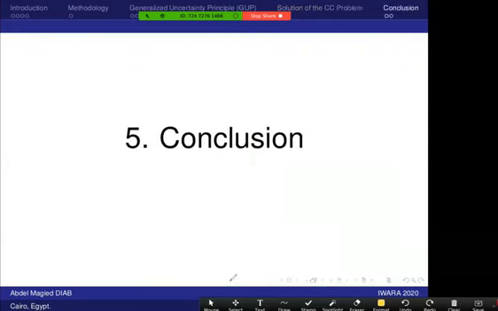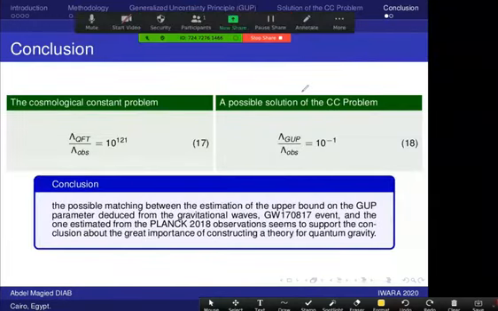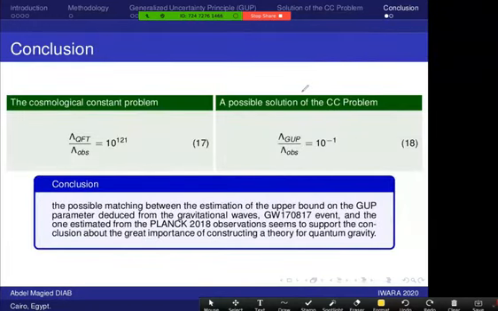The main conclusion of our work concerns the cosmological constant problem, where the theoretical value of the cosmological constant is 121 times the observed quantity from the Planck 2018 observation. But in our presentation about the possible solution of the cosmological constant problem, the estimated value of the cosmological constant in the presence of the GUP is equal to 0.1 of the observed value from Planck 2018.